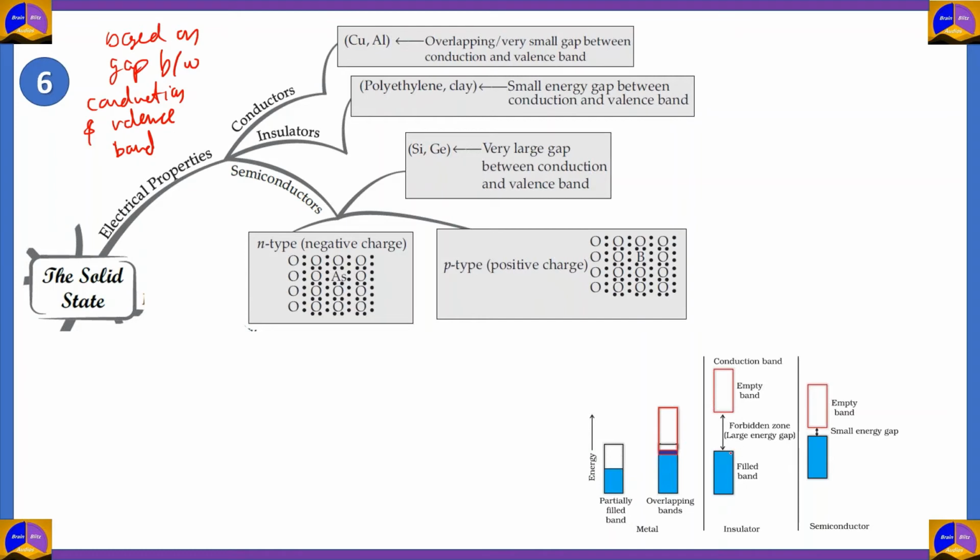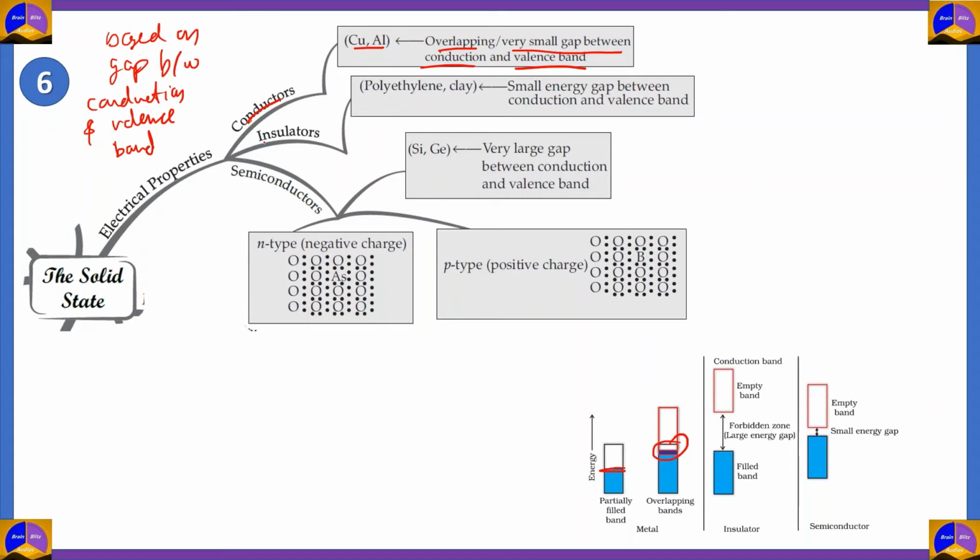When you're able to transfer electrons between the valence band and the conduction band, the material will be a conductor. In conductors such as copper and aluminum, we have an overlapping or very small gap between the conduction and valence bands. For example, here you can see that there is very little gap, and over here you can see that the bands have actually overlapped, so there is easy passage for electrons. Therefore these materials can conduct electricity.